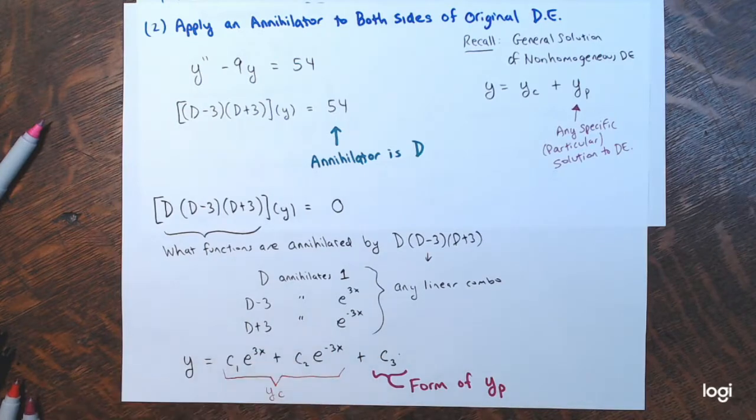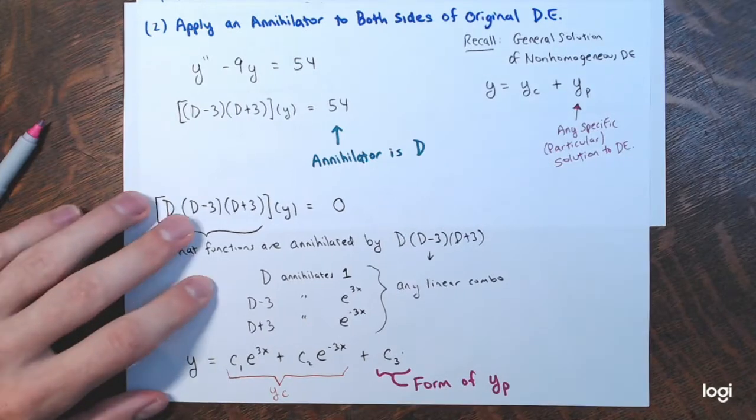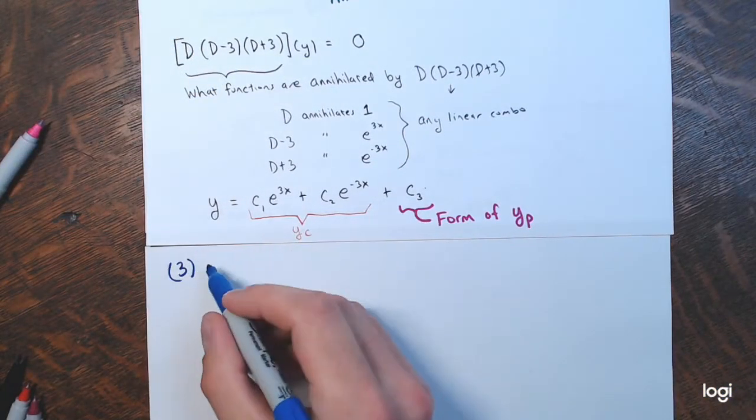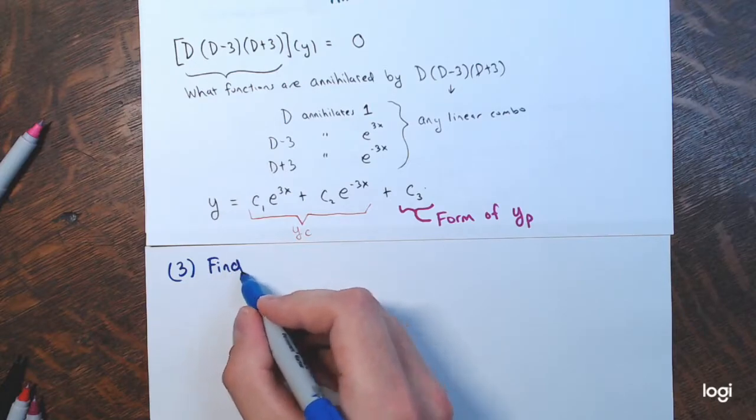Now remember I said earlier, yp, the particular solution, is not going to have any generic constants. So what I need to do now is actually find a value for c3. So that'll be part 3. Find a specific yp.